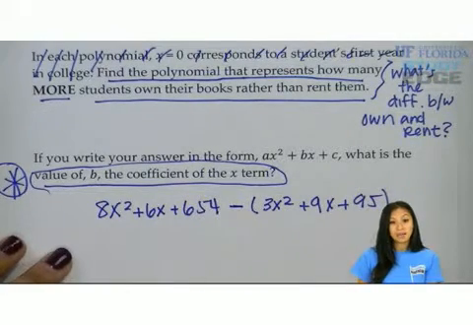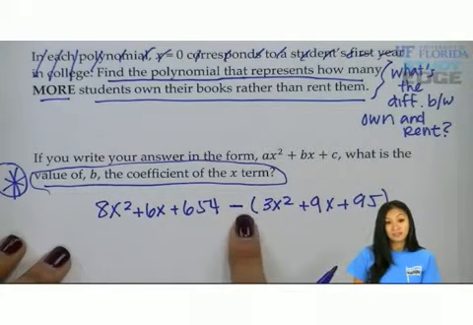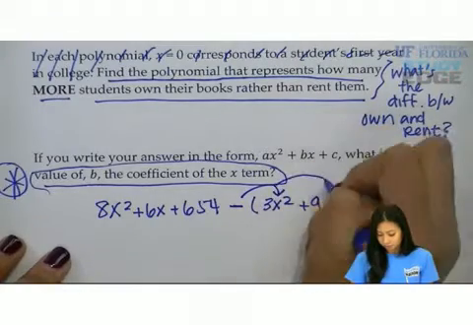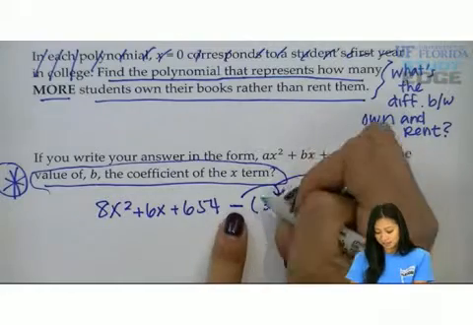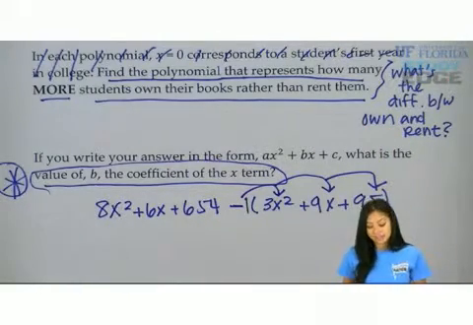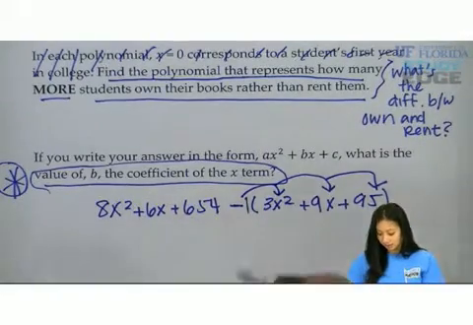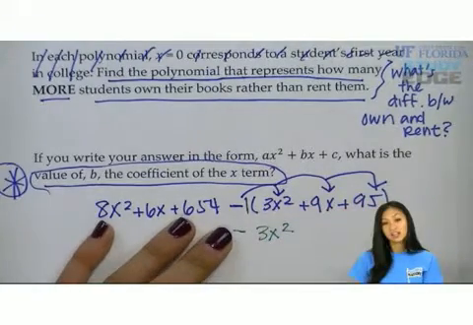Now, before I can combine like terms, notice it's a subtraction, right? So I have to distribute that minus sign. The reason why we can distribute a minus is because this is actually an invisible 1. All right, you don't have to write it, but that's what it is. It's actually negative 1 times 3x squared. Let's do this in green. Negative 1 times 3x squared is negative 3x squared.